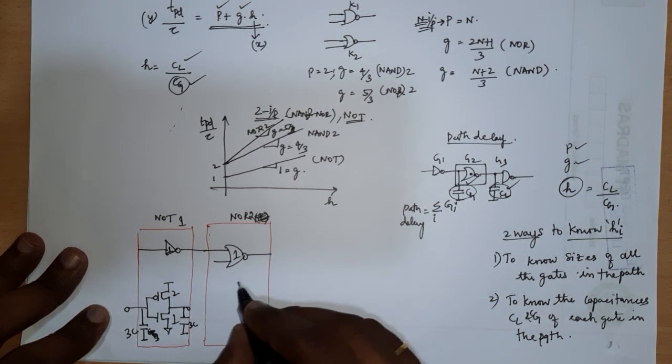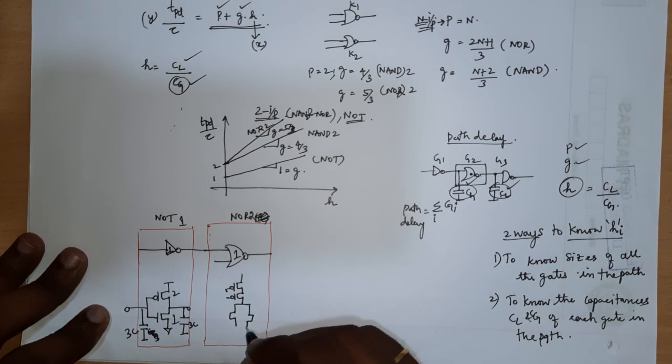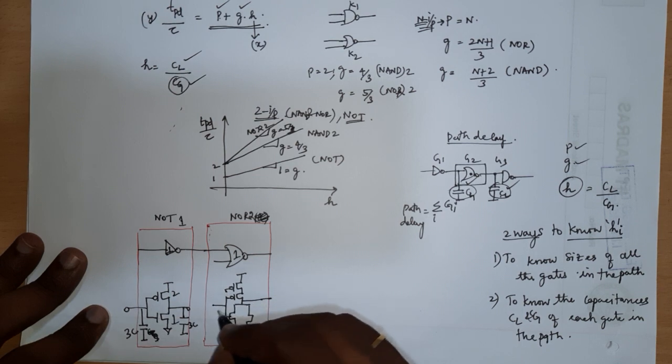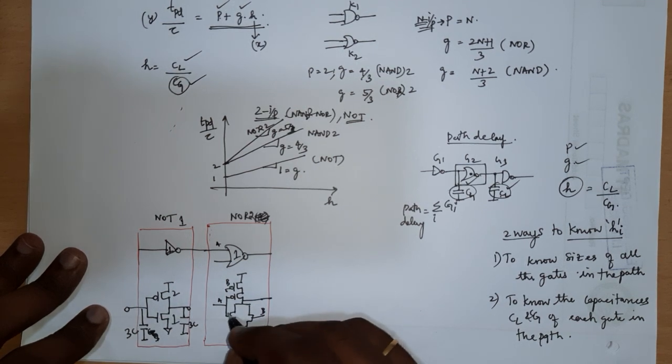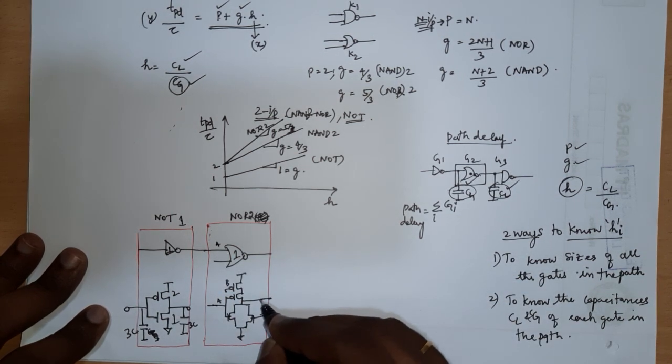It's a NOR gate, so you have a series stack of PMOS and a parallel stack of NMOS. Let me call the inputs A and B, which I am not connecting anyway. So A and A are connected, and I am checking from A to the output path.